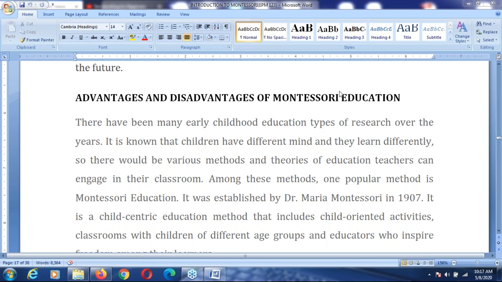Number 2, independence is not always helpful. It develops in children a sense of freedom and self-guided learning. Because of the freedom they enjoy in Montessori, some of them develop a sense of freedom without measure.